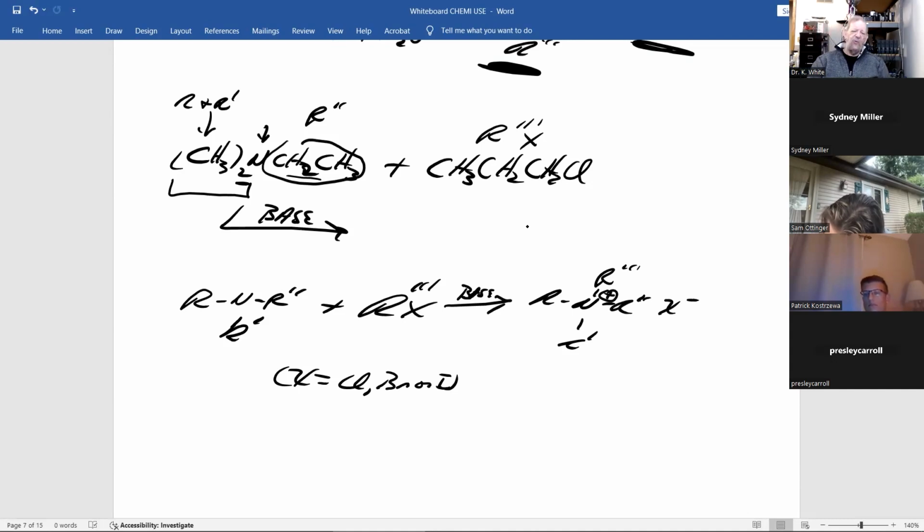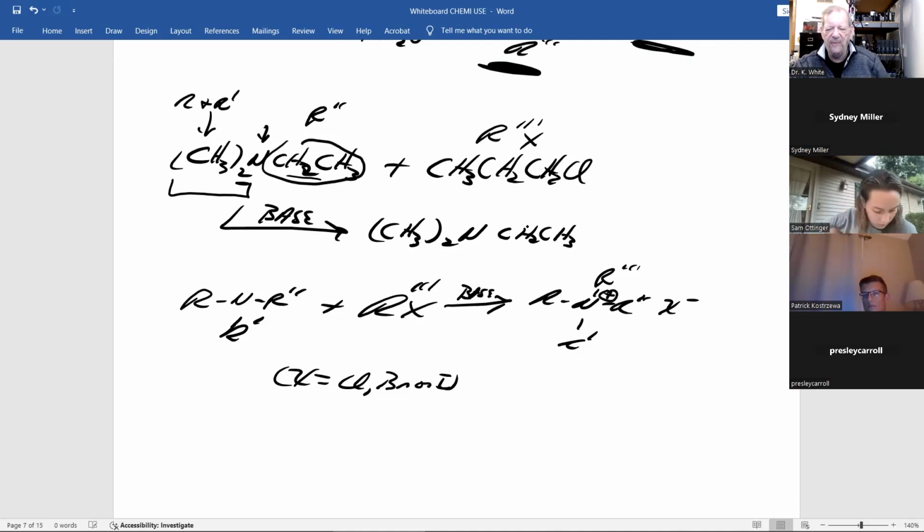So what's attached to the nitrogen stays attached. Which carbon has the halogen, the end carbon? Do you break carbon-carbon single bonds? Like I said, this is my R triple prime.